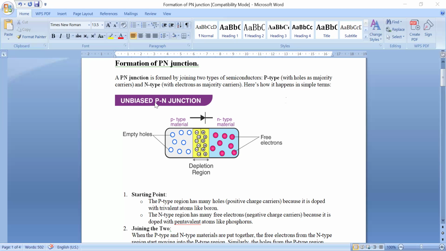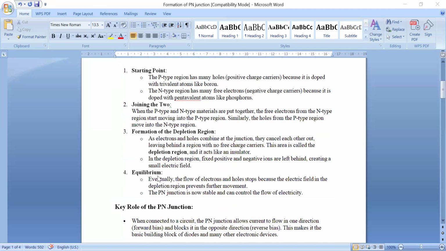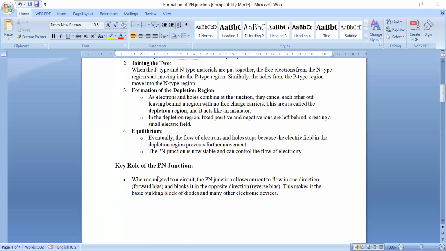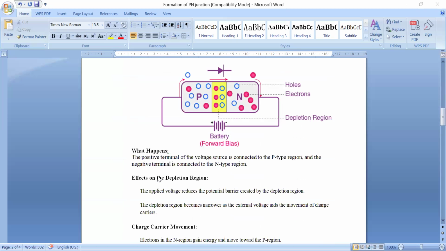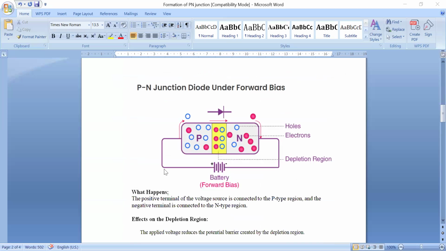Now, I'll explain what happens under forward biased condition. This is forward biased PN junction. The positive terminal of the battery is connected to the p-type region, and the negative terminal of the battery is connected to the n-type region.